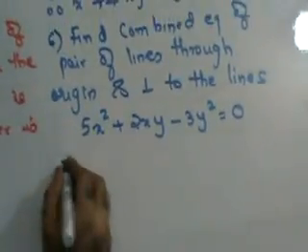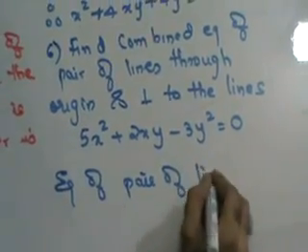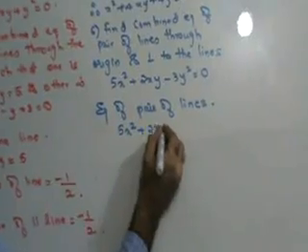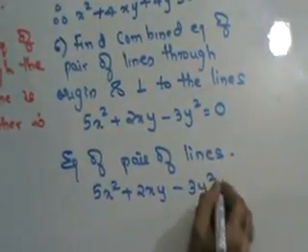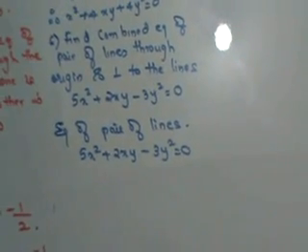Now here they have given you equation of pair of lines is 5x square plus 2xy minus 3y square is 0. Let's find out the separate equation of the lines.